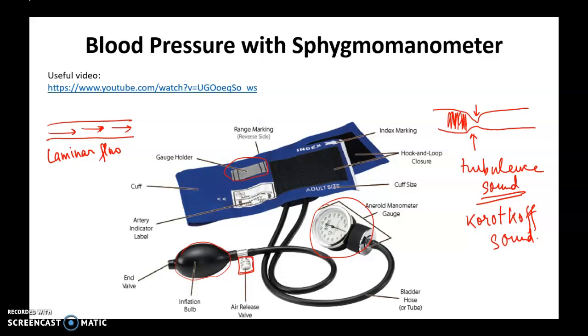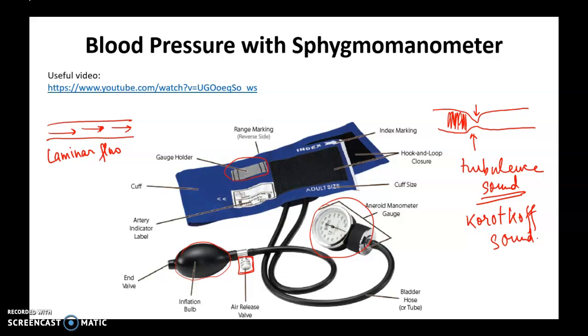So obviously we use the brachial artery for measuring blood pressure, right? So the doctor puts in the cuff. As we inflate the cuff, that causes a lot of pressure on the brachial artery, and it actually constricts the brachial artery. So the inflation of the cuff constricts the brachial artery.